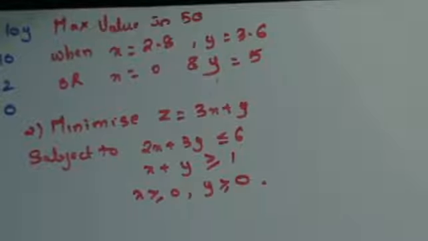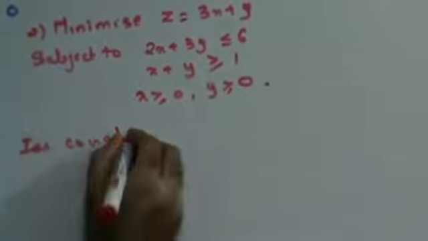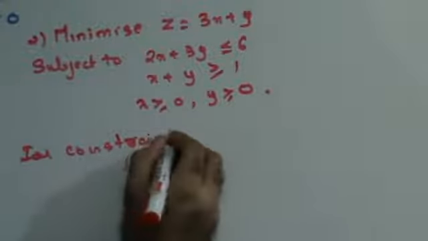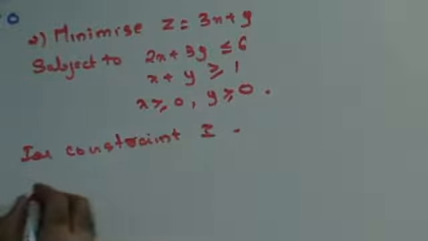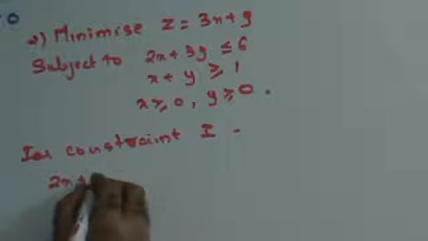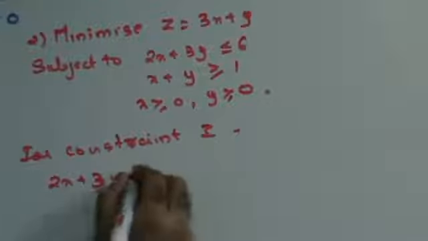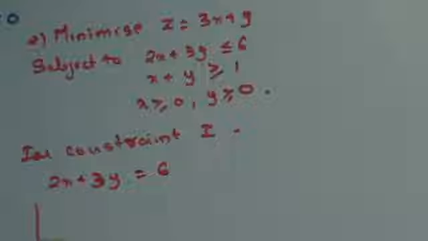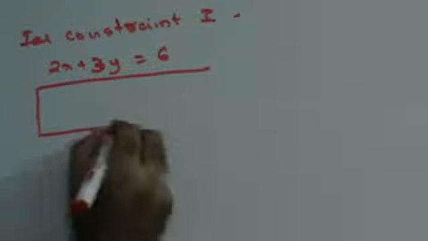Same thing. The method remains the same whether it's maximize or minimize. For constraint 1, 2x + 3y = 6. Here write only the equal to sign, don't write the inequality.